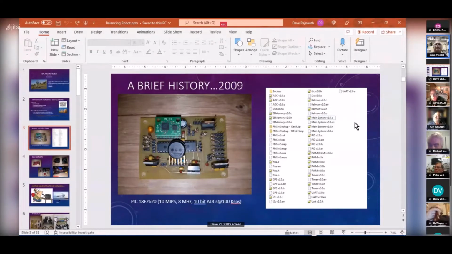Back in 2009, I built this autopilot for an RC airplane. It had a gyroscope, an accelerometer, and a pressure sensor to measure altitude, and behind here was a PIC 18F chip, and these pins were to control the servos to make the airplane turn and pitch and roll.